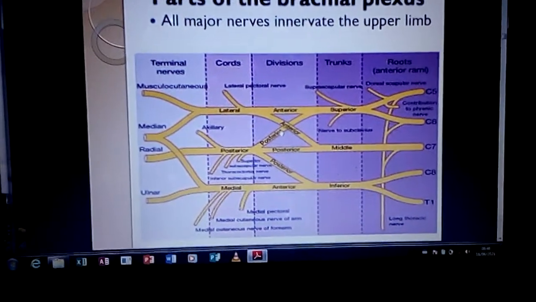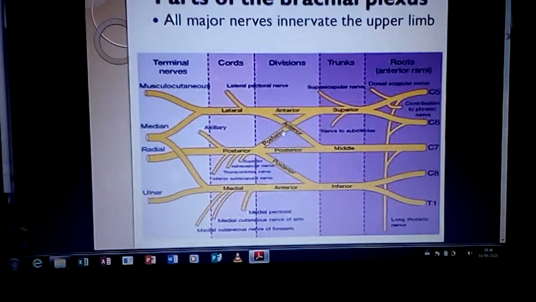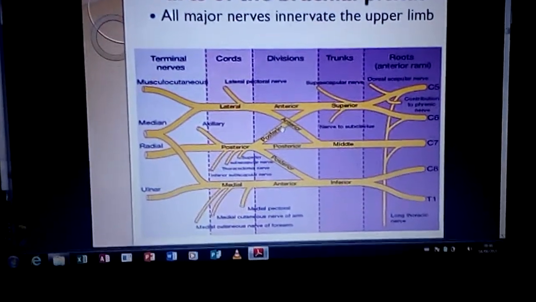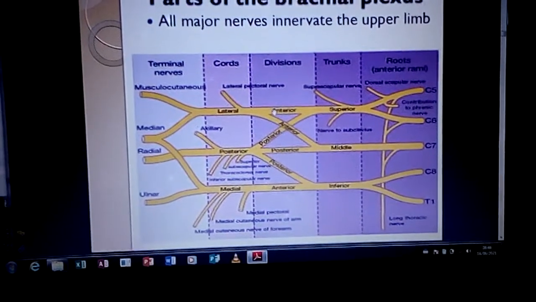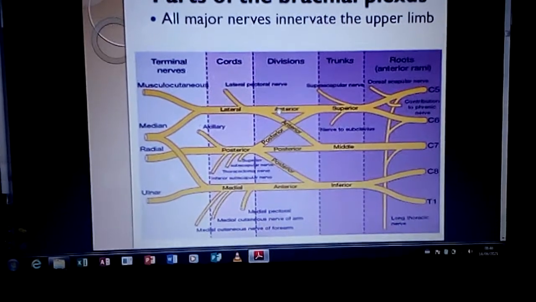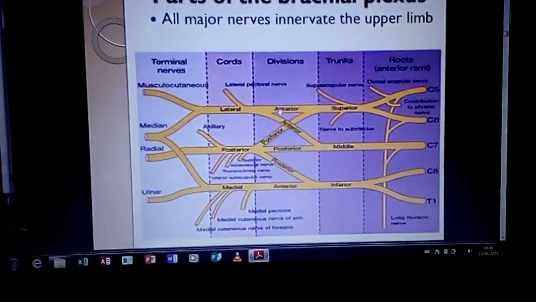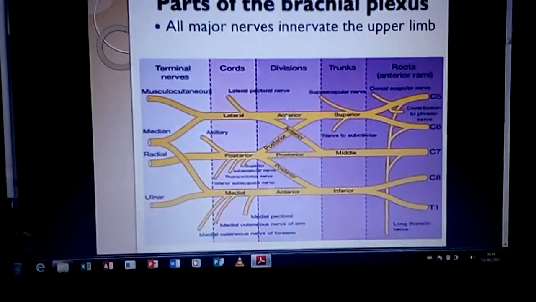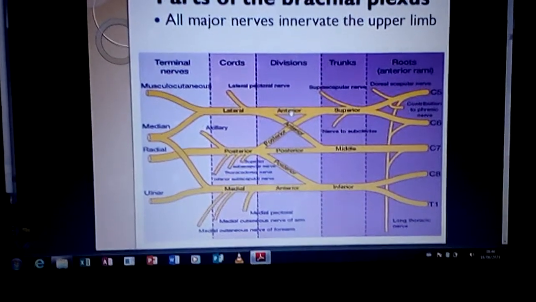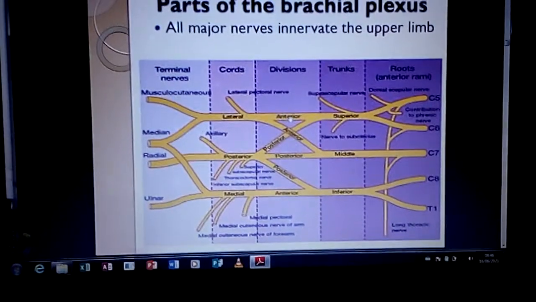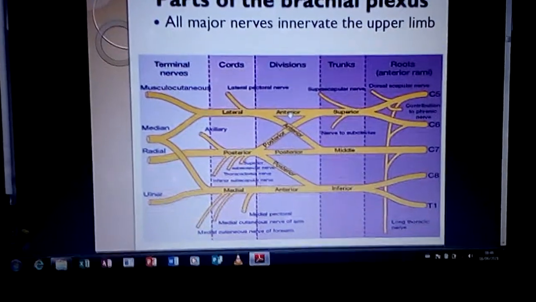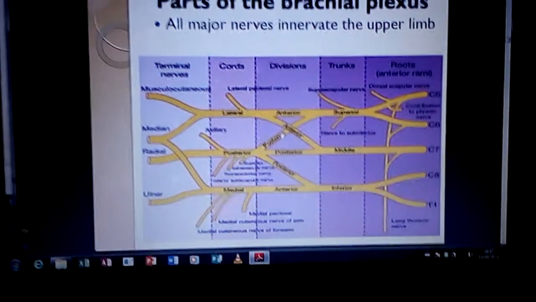So these 2 divisions are branching from the trunks. Follow me properly. We've got the anterior division and the posterior division.